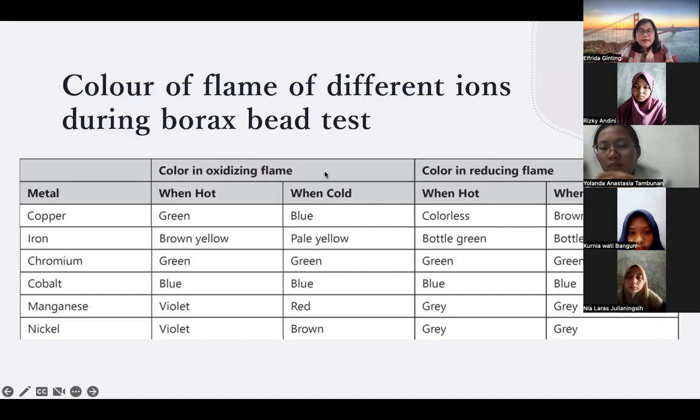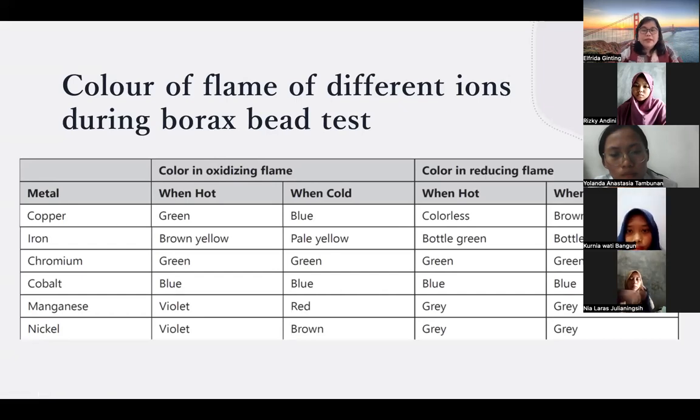But after it cools down, we can see a blue color for the oxidizing flame, and for the reducing flame, it will have a brown red. And also for iron, for example, iron has a brown yellow in the oxidizing flame and bottle green in the reducing flame.